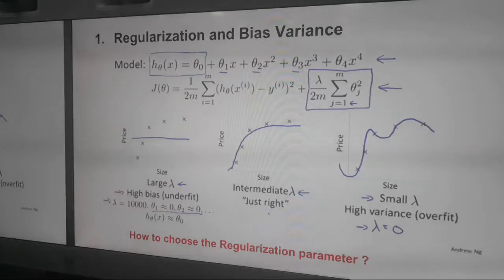You knock this one out, and this one, leaving you with these two. So that is what your lambda basically does: it knocks some of these model parameters off, leaving you with a simpler model.